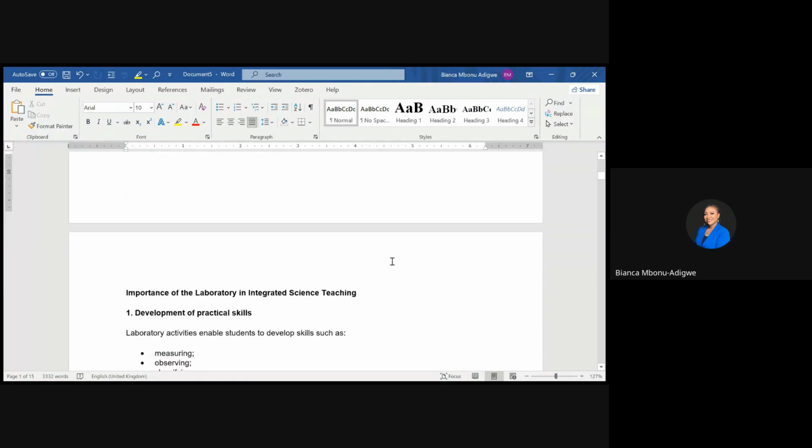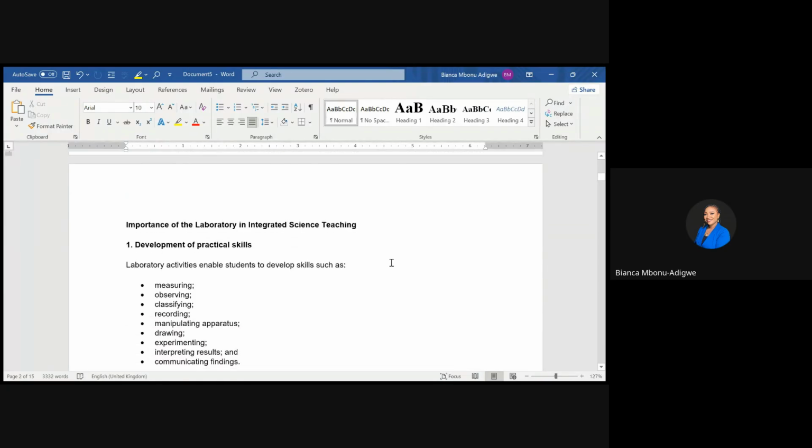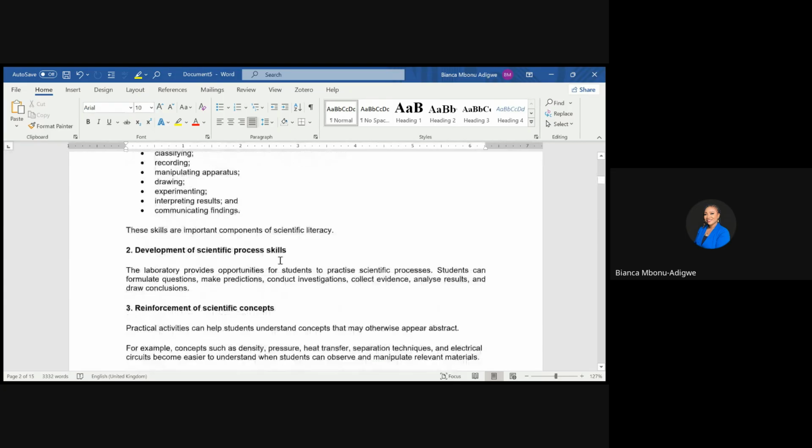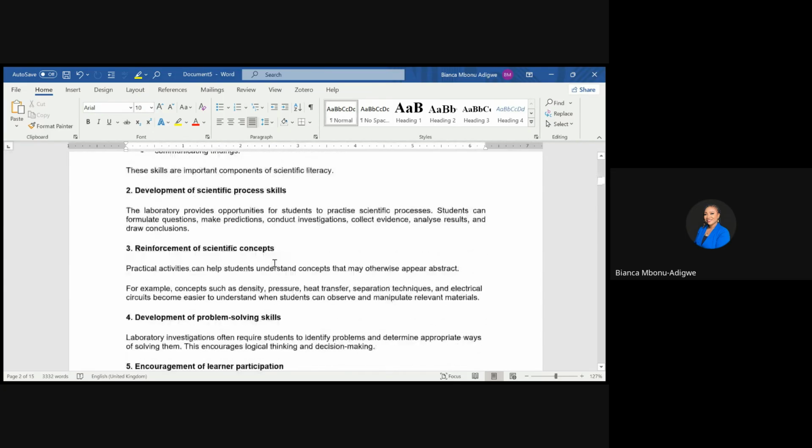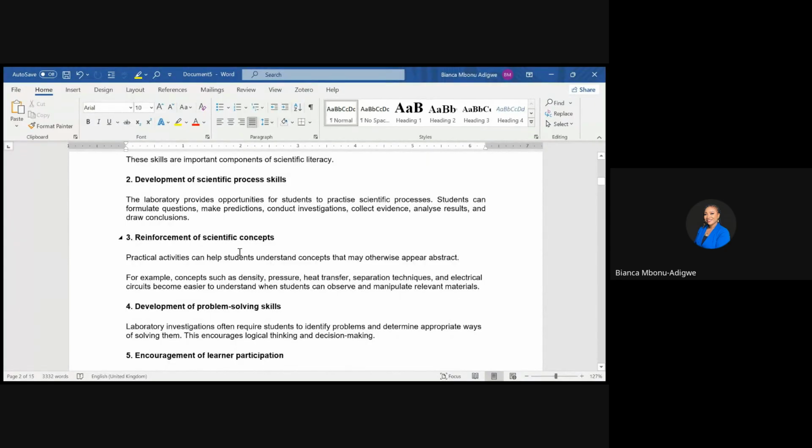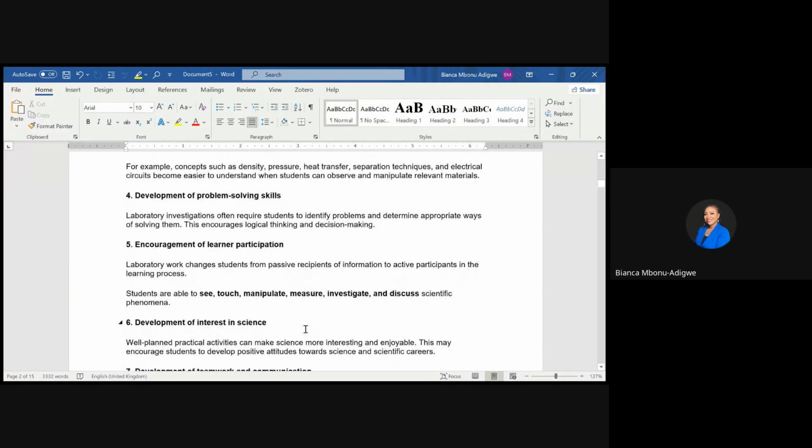We mentioned some importance of the lab in integrated science teaching. We talked about the laboratory helping us to develop practical skills, develop science process skills, understand concepts that appear abstract, and develop problem-solving skills. It encourages learner participation.